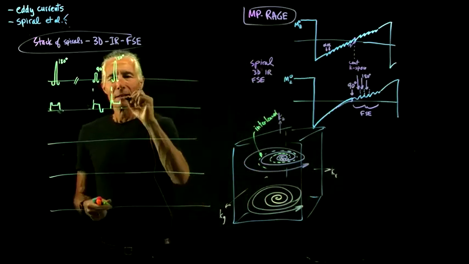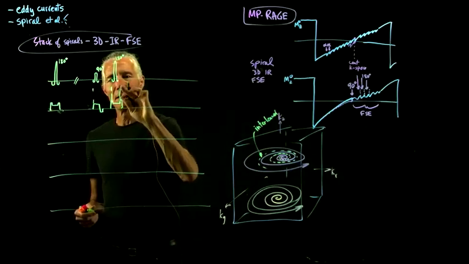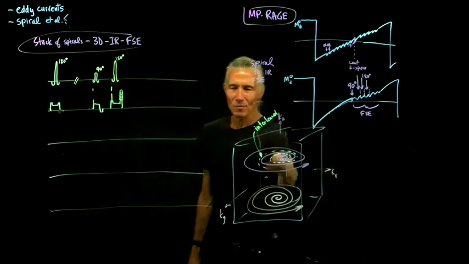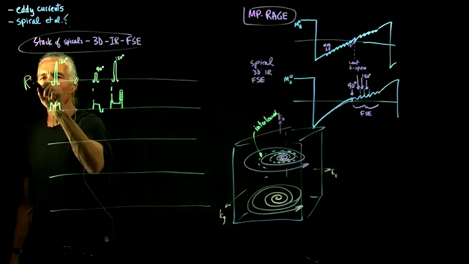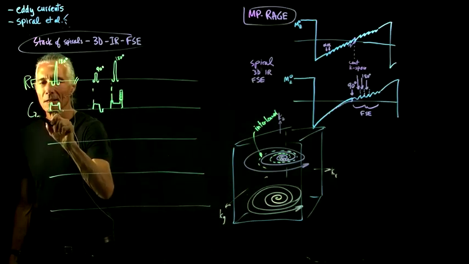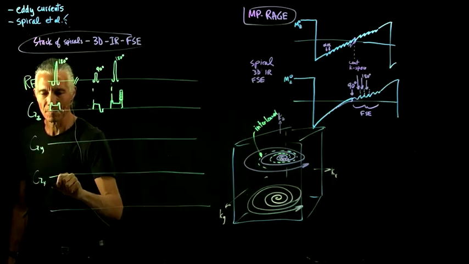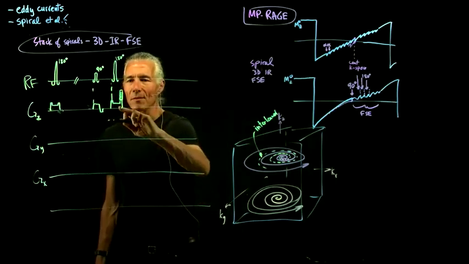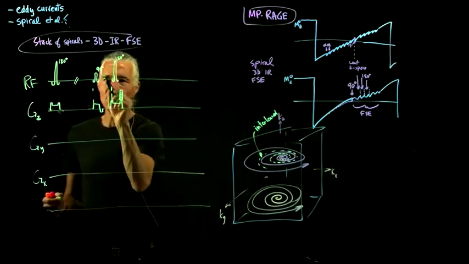So what does the pulse sequence look like? Well, we have to sort of tack on all the different partition directions here, like that. That moves us up and down in K-space. And then we have our readout, and the readout is the spiral readout. So that moves us to a particular part of K-space. Then we wait for the echo.